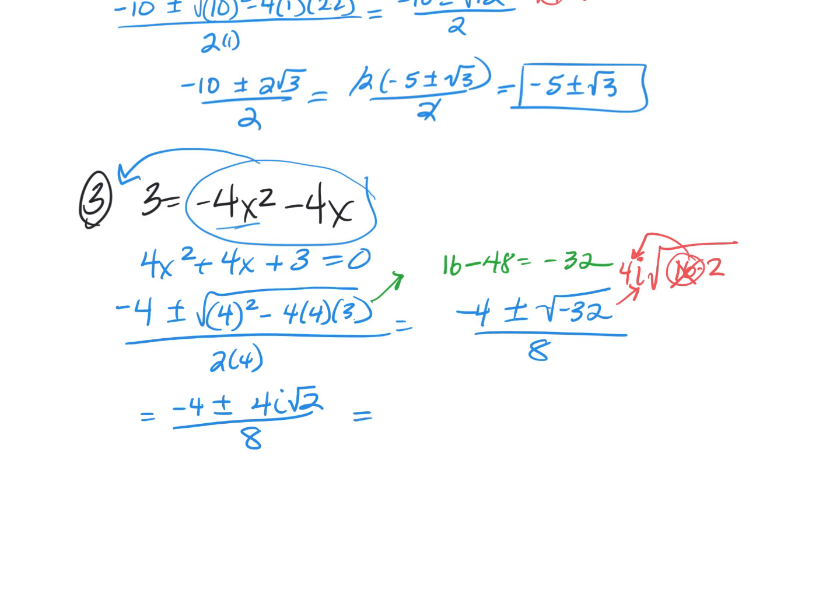Is there a GCF I can take across the top? Yes, I can take 4 out, and I have negative 1 plus or minus i square roots of 2 over 8 divided by 4. Now I can continue reducing because 4 goes into 8 2 times. That means my final answer would be negative 1 plus or minus i square roots of 2 over 2.